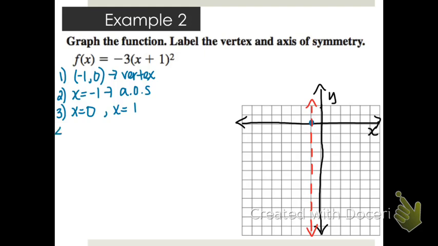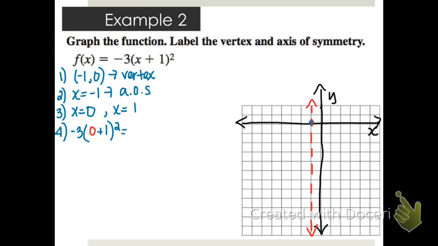So the fourth step, I'm going to substitute into my original function. So my original function is -3 times (x plus 1) quantity squared. So for x is equal to 0, I'm going to plug in 0 for x. So I have -3 times (0 plus 1) squared.